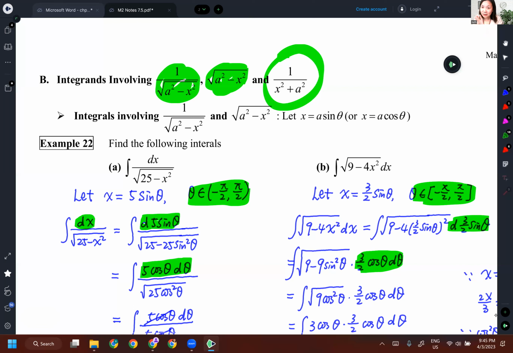But in your exercise, some of them, maybe it's easier to use another method. But because we want to practice this method, you have to intentionally use this method. Okay, so that's all.